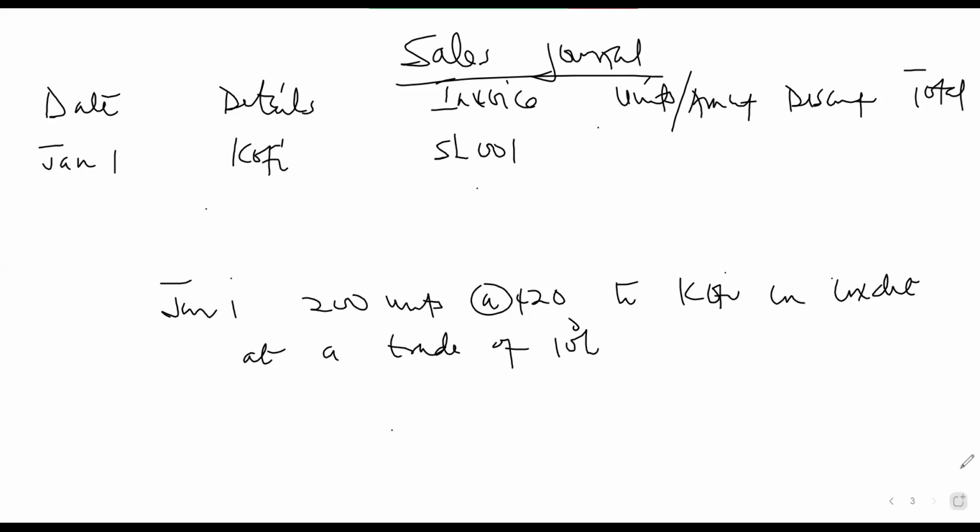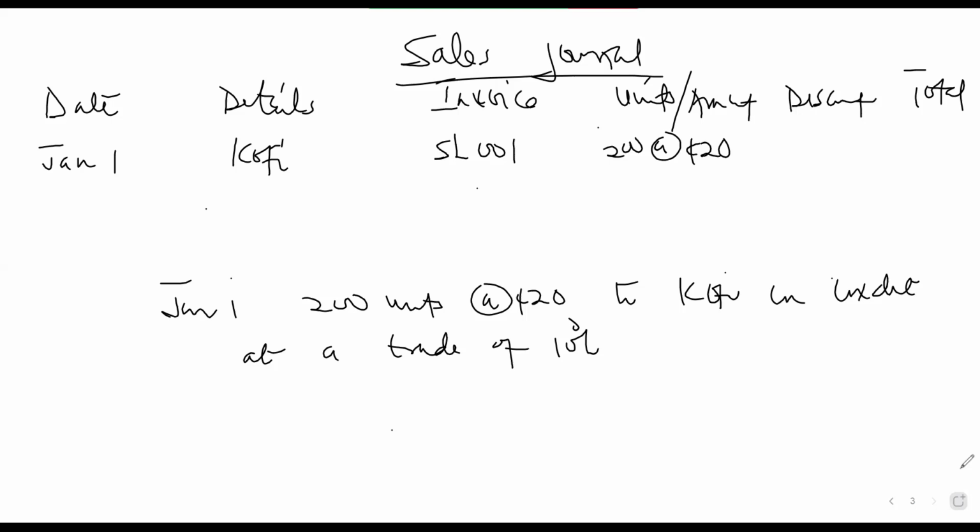Okay, so the units. So the unit and then 200. So we are selling 200 at how much? 20 cedis. Okay, all right. So that will give us what? 4,000 Ghana cedis, isn't it? Yeah. Okay, but there's a discount. There's a trade discount of how much? 10%.